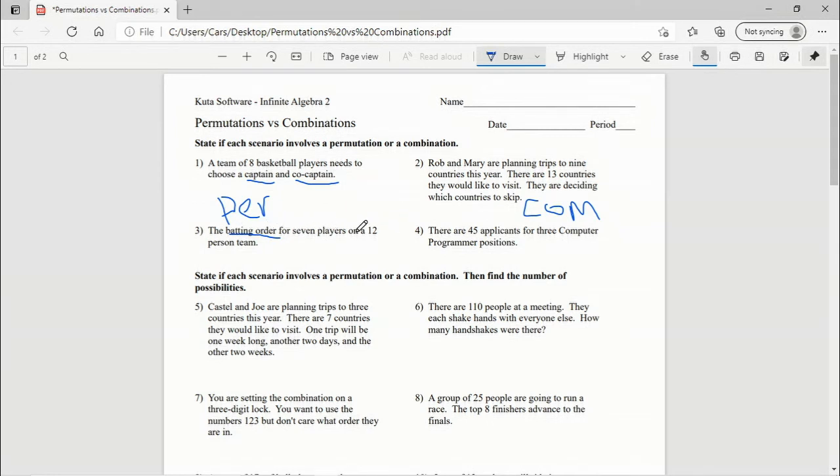You're choosing 7 players out of the 12. You could probably say it's combination, but once that first place is filled in, nobody else can be in that first place anymore. So since in a way order does matter, it's permutation, because order does matter who goes first, who goes second. What if you wanted to get the best player first? Then it would matter for your chances in that game.